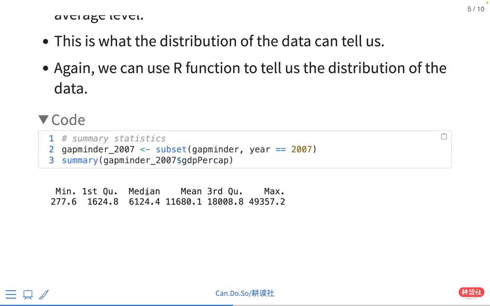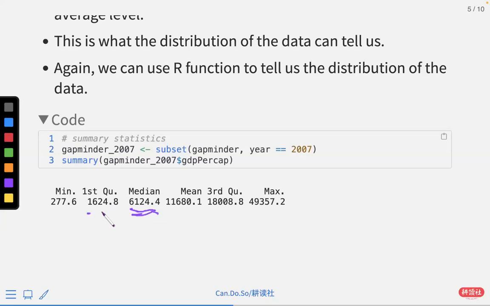Median means half of the countries' GDP per capita is less than this level, and half is greater than this level.